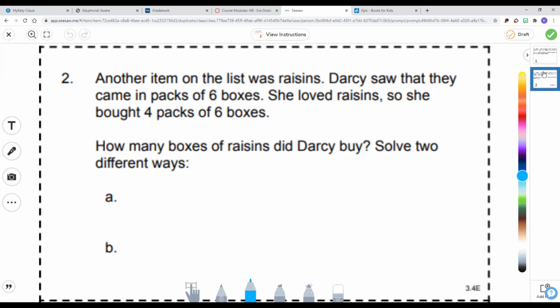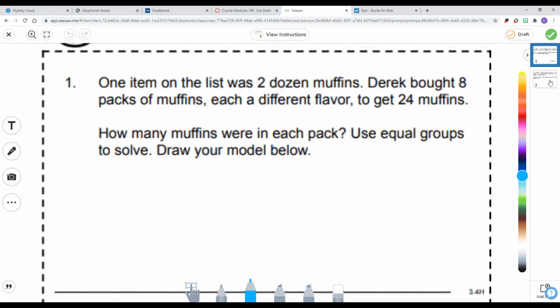So you could do repeated addition, you could do an array, you could do equal groups, you could do the standard algorithm, whichever one you want to do. But you're going to solve it in 2 ways. You could skip count. They're both pretty easy. I think we can do it.